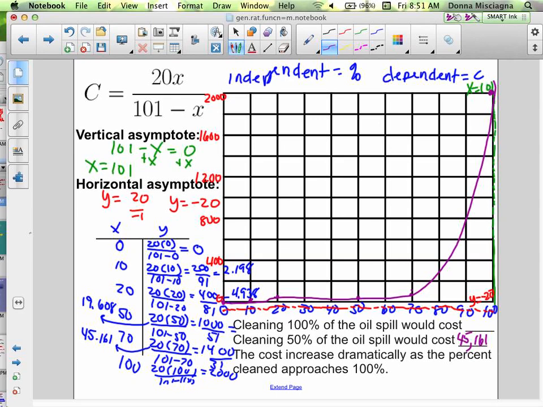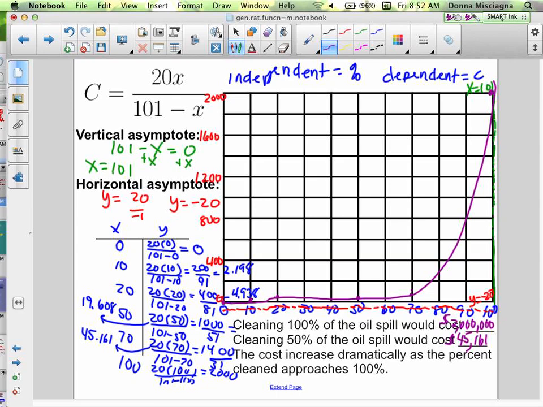That's how much it cost to clean up 50%. 2,000 thousands is actually $2 million. So to go from 50% to 100% cost us quite a bit more. 45,000 for the first 50%, 2 million to get the second 50% done. Right? Quite a dramatic increase. So the costs increase dramatically as the percent cleaned approaches 100%.